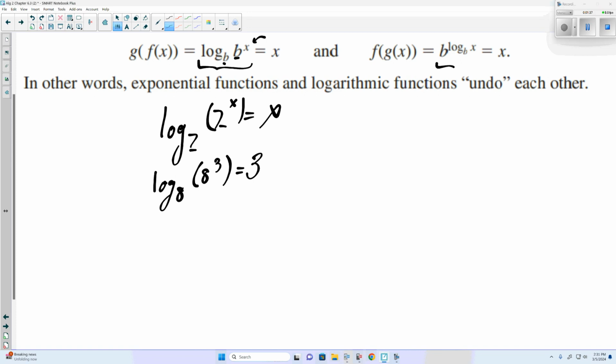The same thing is true for b to the log base b of x. Because what we're putting it to, and the base of the log are the same, it reduces to whatever's inside the logarithm. So 7 to the log base 7 of 3 would reduce to 3.